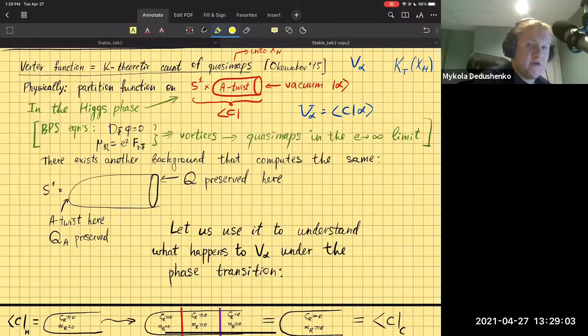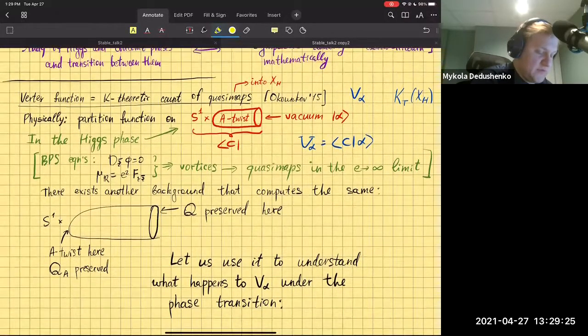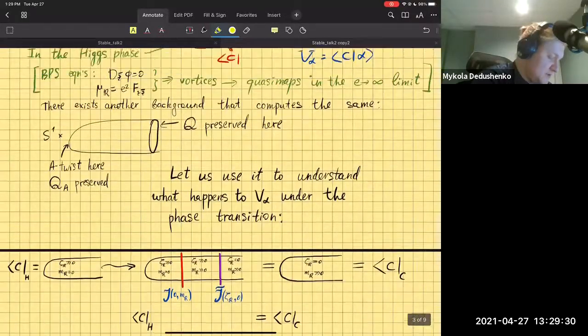The claim is that this background also computes, up to some proportionality coefficient, the same V alpha. But one can use it to understand what happens to V alpha under phase transitions, because now in the cohomology of this Q we have this interface that tells us what happens when we pass from Higgs to Coulomb branch.